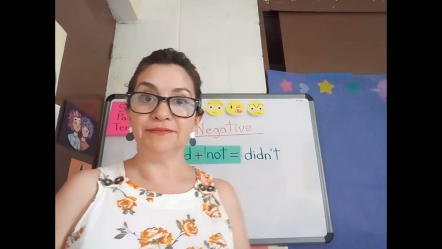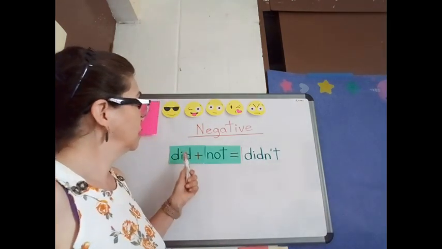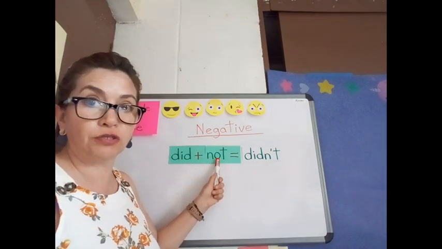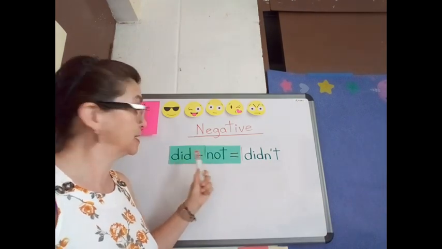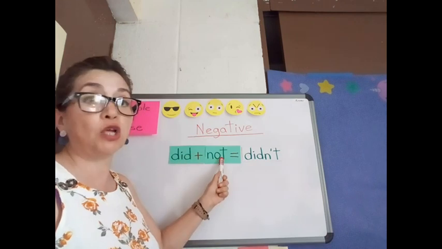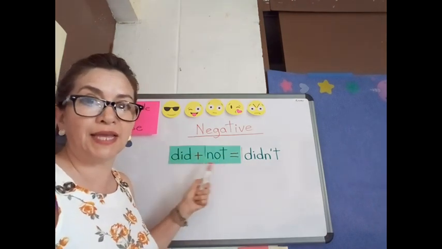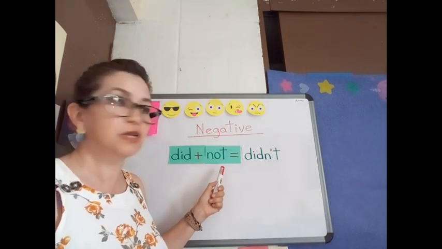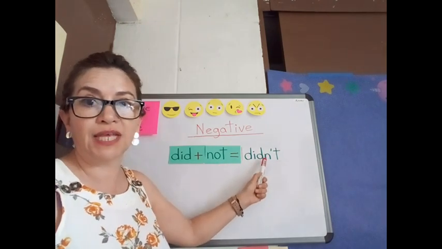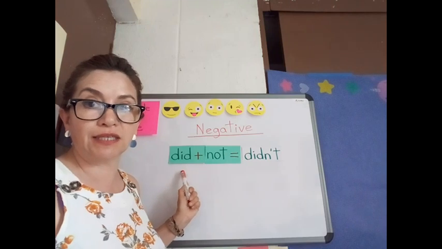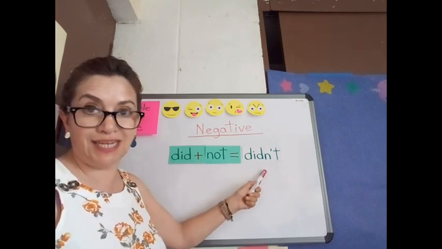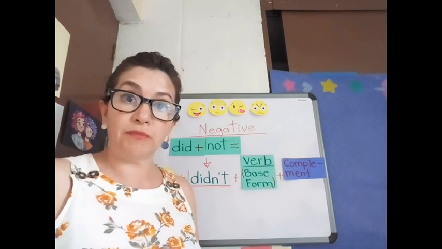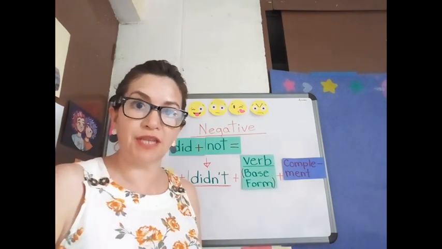Now let's see. We have to add the word not to make it negative. It's did plus not. We can say did not, but it's more common to say the contraction, didn't.